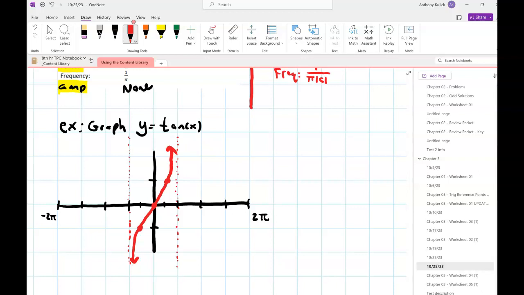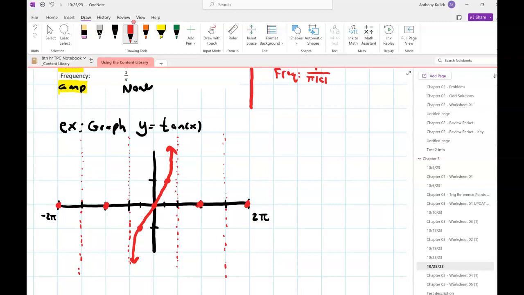So far, so good. Now, my instructions are always to extend your graph to fill the space provided. So it looks like there's one big tick mark in between every set of asymptotes. In between the two asymptotes, right on that middle grid point, is going to be a point on the midline.